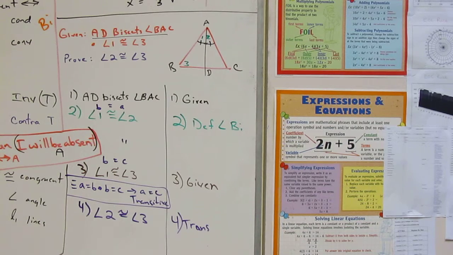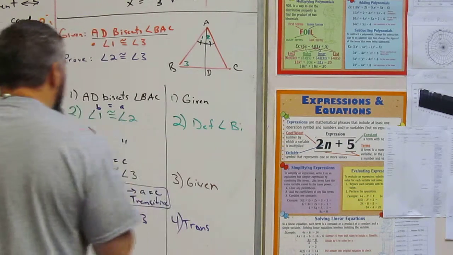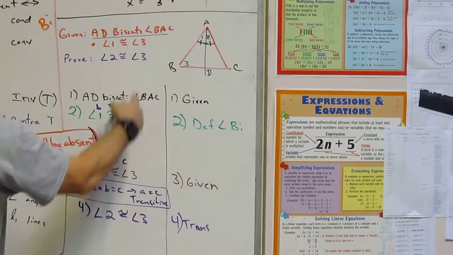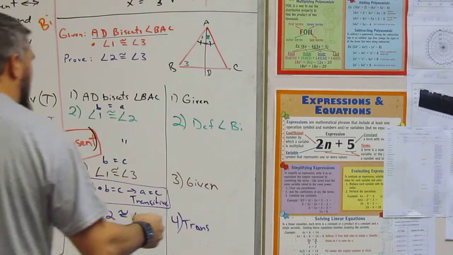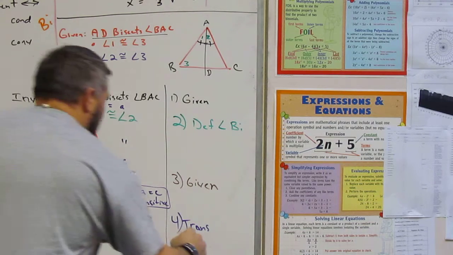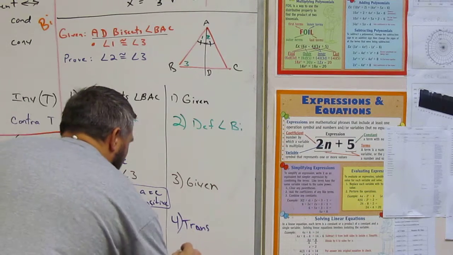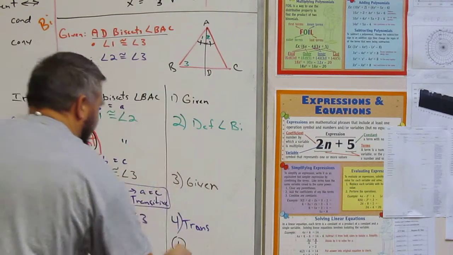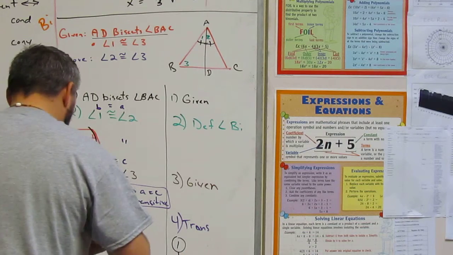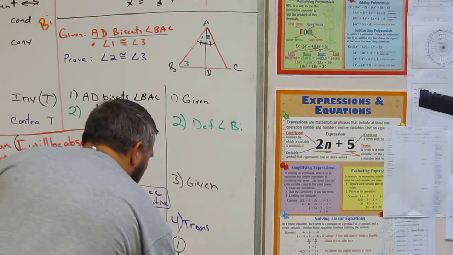Now, the flow chart. I'm done with the proof, because this is the same as this. So now I do the flow chart, and I start with number 1. Number 1 flows to 2.